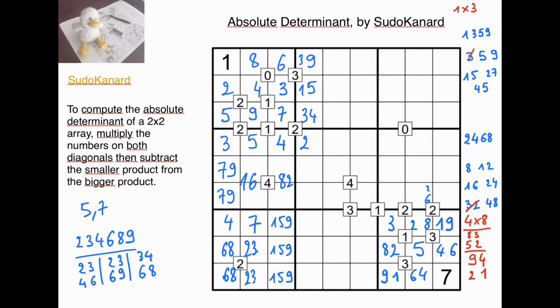And 16 would need another 2, so it won't work. 9 times 6, that's 54. We need 52 or 56. Only 56 would work with a 7 here, but 7 is not available. So we now know that this right-hand option is not possible.